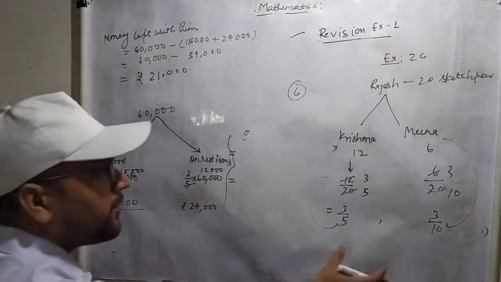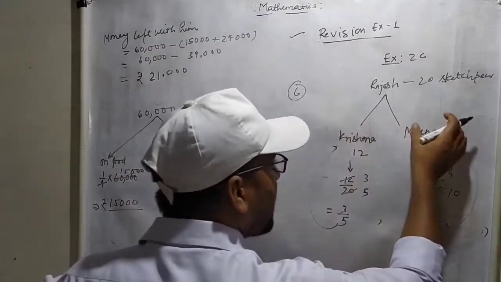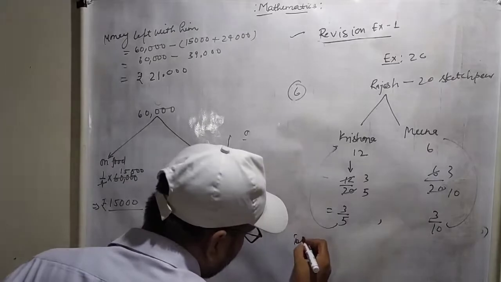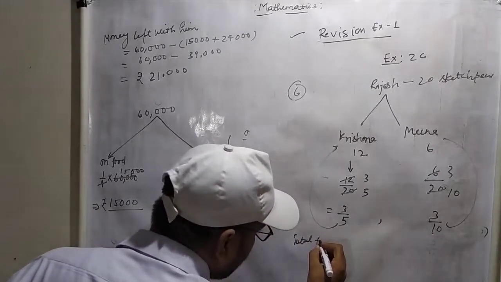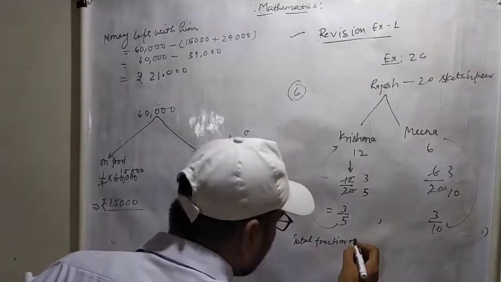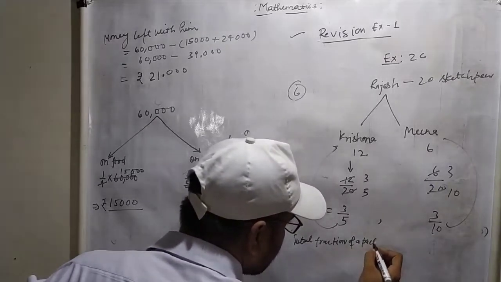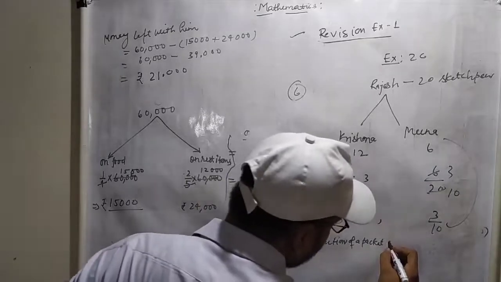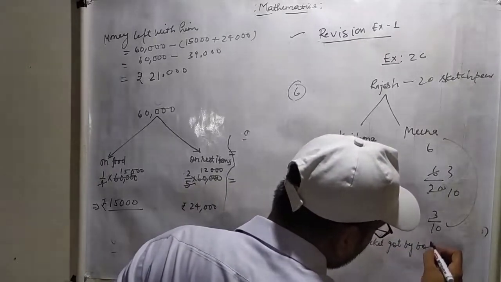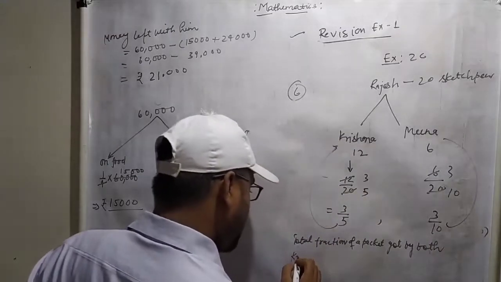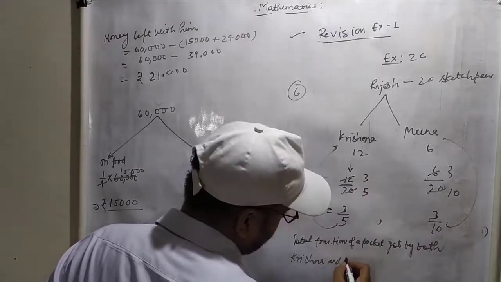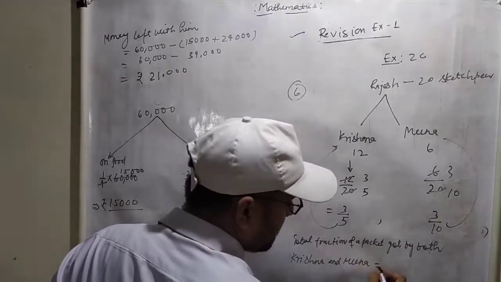What is the total fraction of the packet got by both Krishna and Meena?